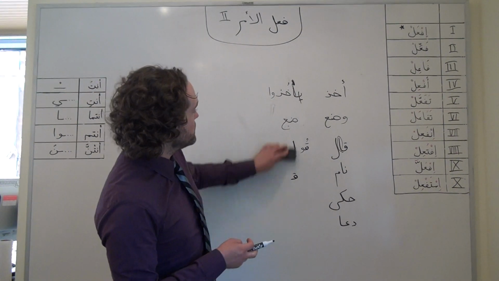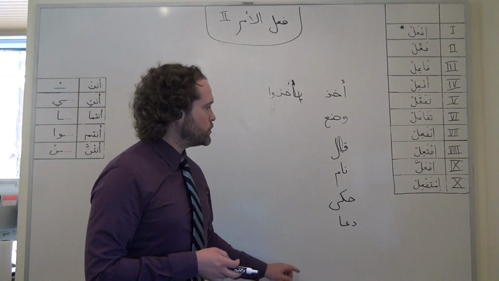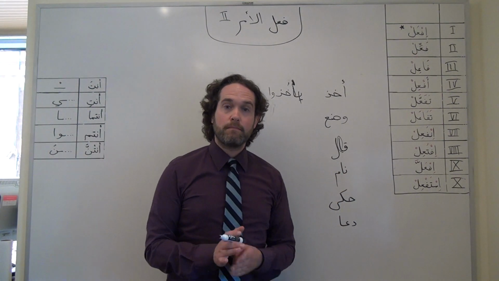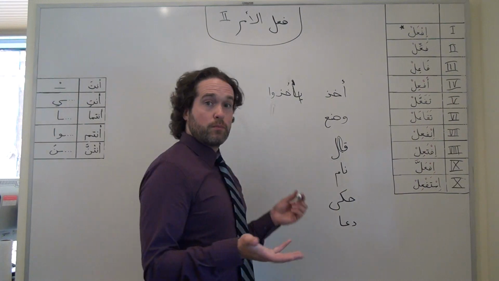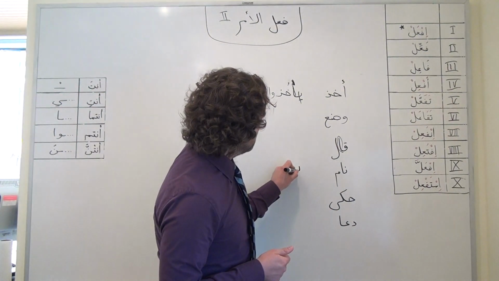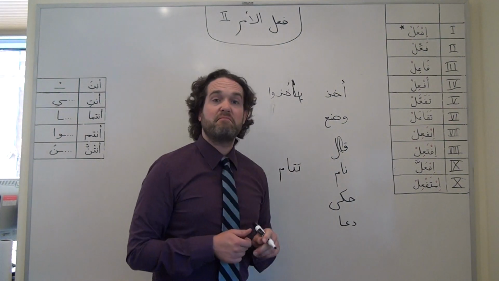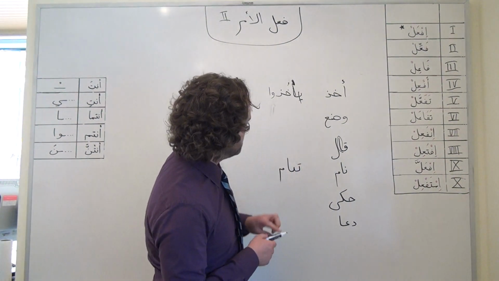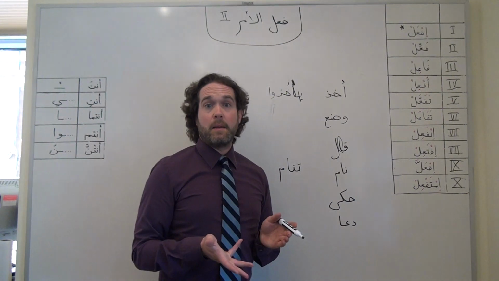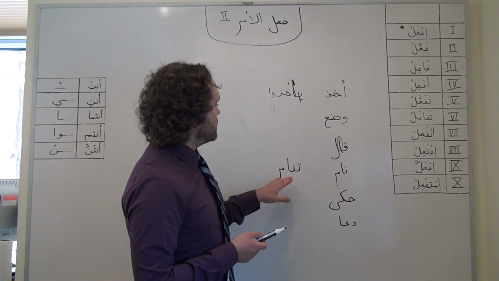Let's take another example. This is getting a little bit messy, but if we wanted to use nam instead, well, in present tense, we would say enta tanam, for example.